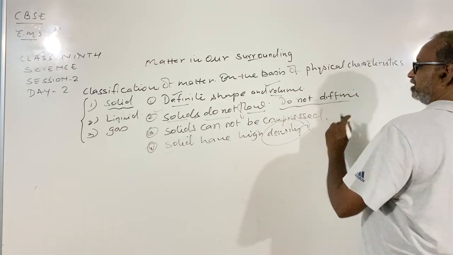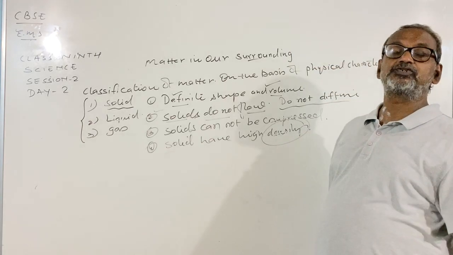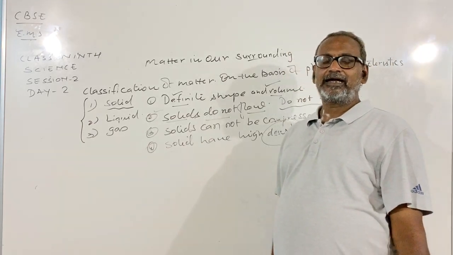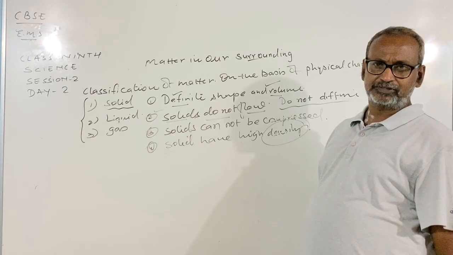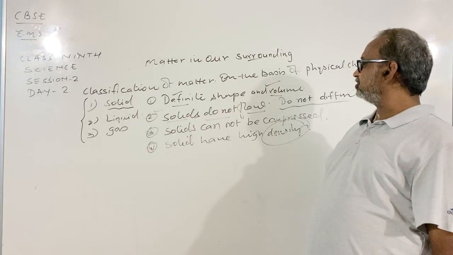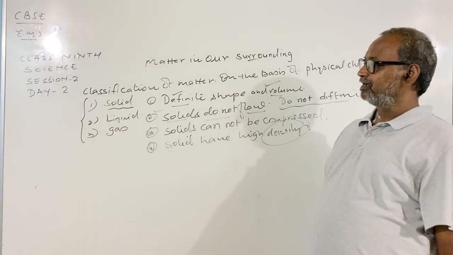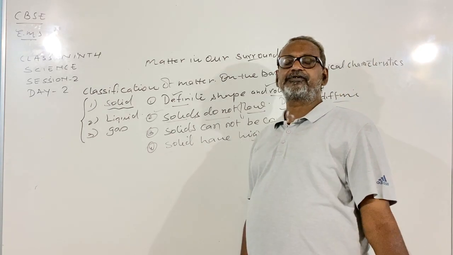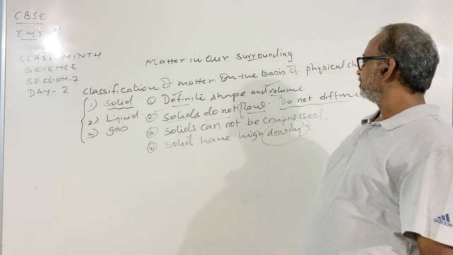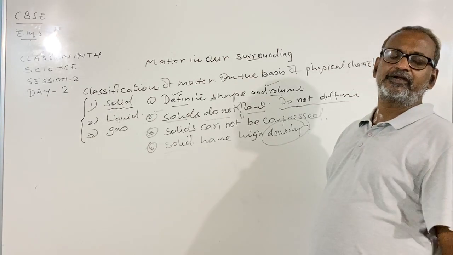This is because in solid state the particles are held together by very strong interparticle forces and the gaps between these particles are very less. So in solid state the particles are unable to diffuse. But the phenomena of the diffusion has been observed when two solids are kept in contact for over a long period of time.